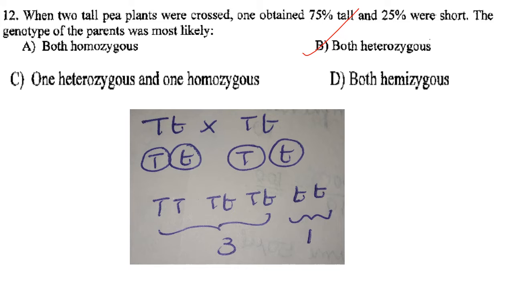That can be obtained when the genotype of the parent is both heterozygous for the tall plant. So capital T small t into capital T small t. So you will get 3 tall is to 1 dwarf. That will be 75% tall and 25% short. So the answer is option B, that is both heterozygous.